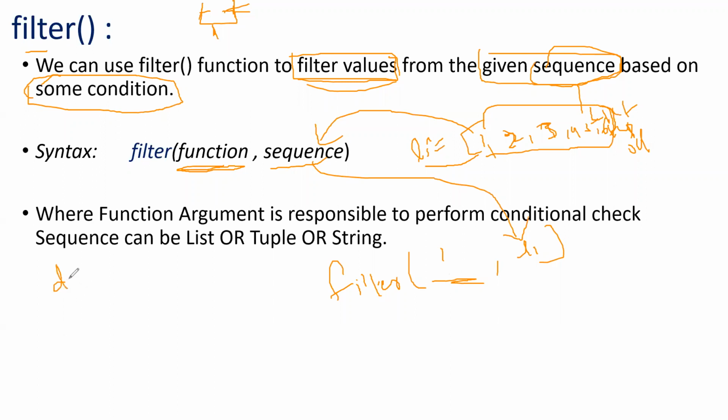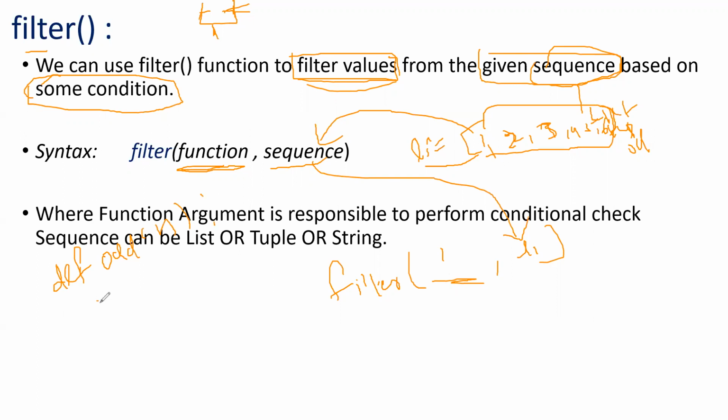Simply define a function, let's take odd number, and n is the passing value, each and every value.